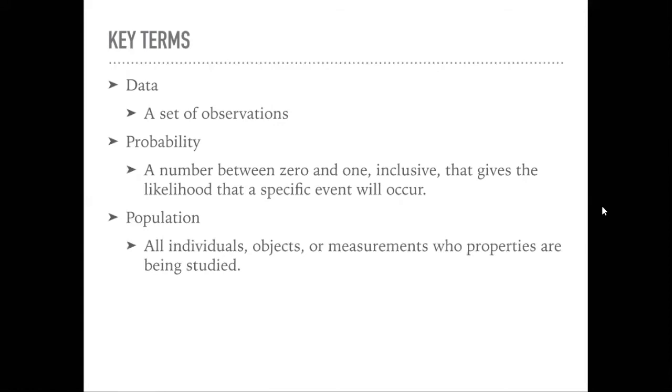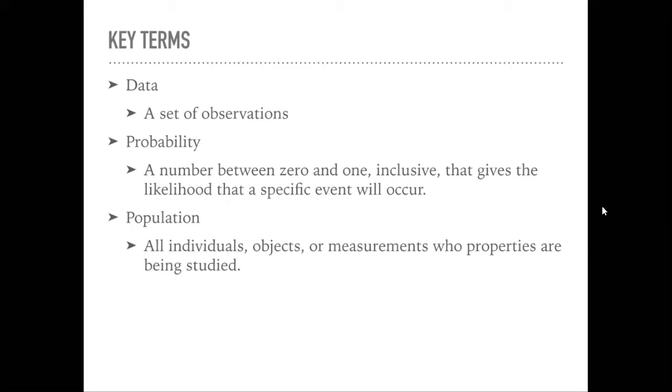Population is going to be all individuals, objects, or measurements whose properties are being studied. So it's not just the individuals, objects, or measurements that are having data collected from them, but it's all of them. So for example, we could be studying college students, but we're only collecting data from maybe Peru State College, Wayne State College, and Chadron State College.